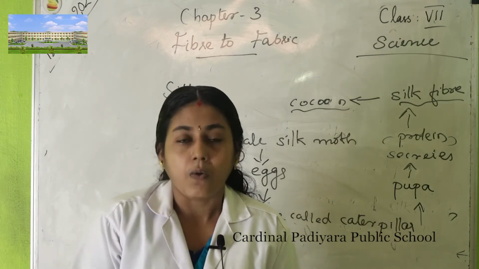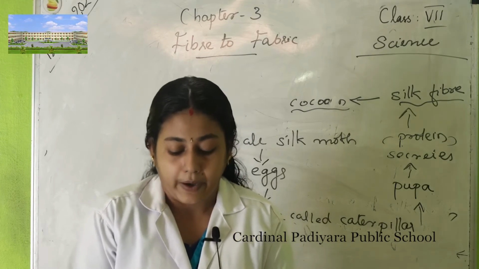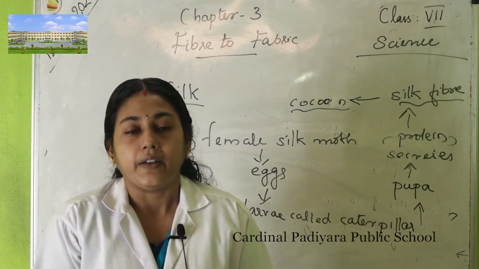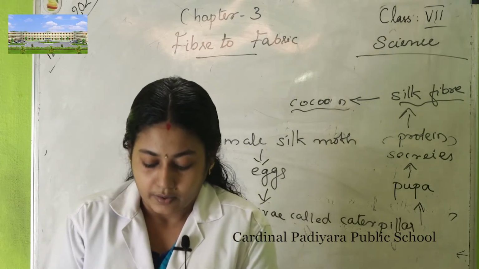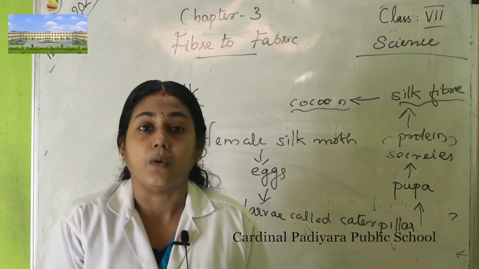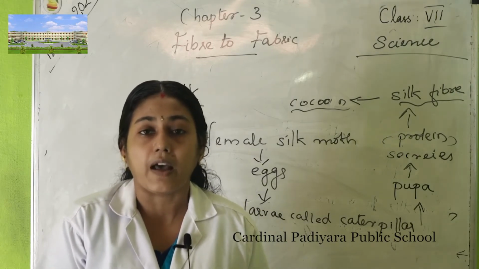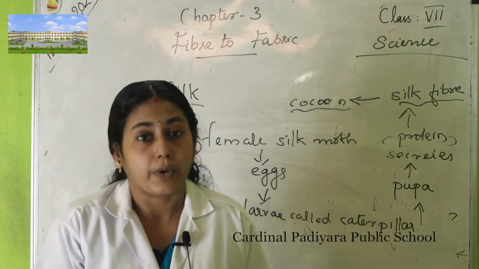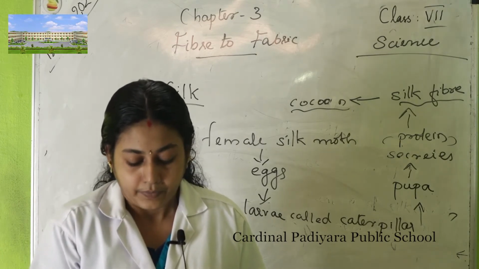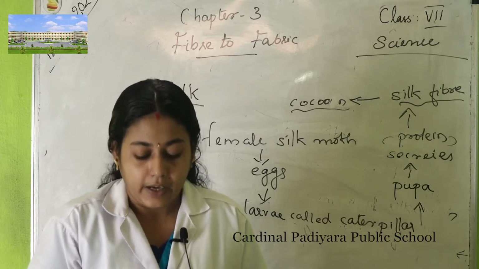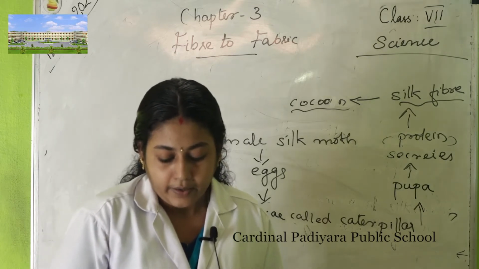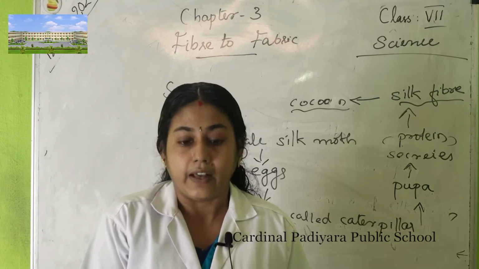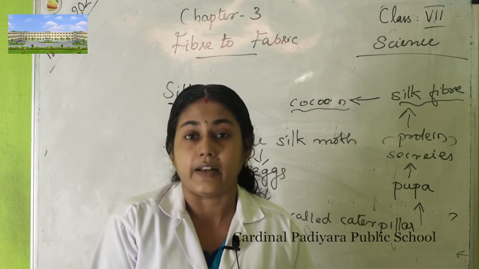Next is how silk fibers are obtained from the cocoon of the silk moth. How silkworms are artificially reared for the production of silk. For obtaining silk fiber as an occupation, silk moths are reared artificially and their cocoons are collected to get silk thread.